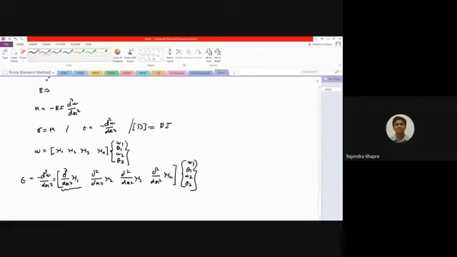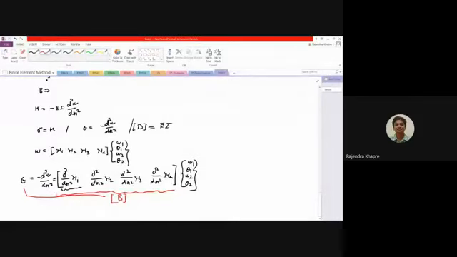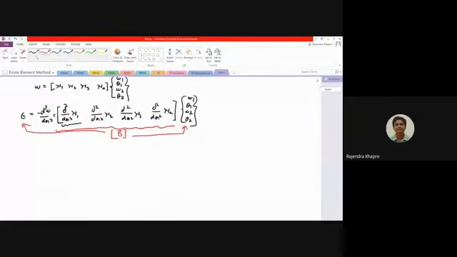This entire matrix will now become the B matrix. B is nothing but the strain displacement matrix, where you have strain on one side and displacements on the other side. So let us quickly take a derivative of each and every N1, N2, N3, N4 two times.